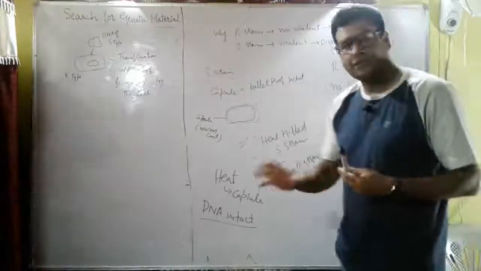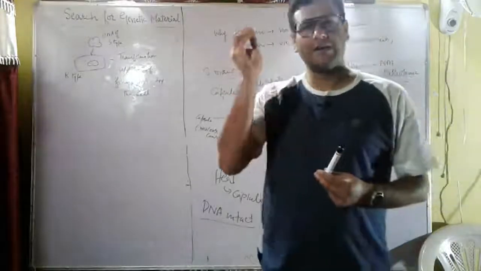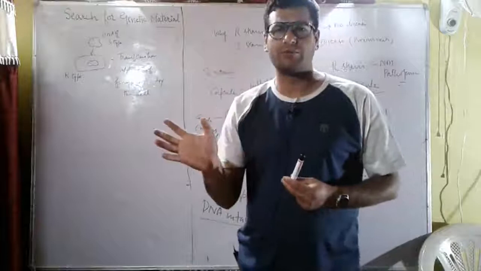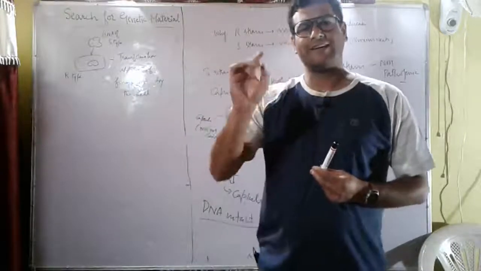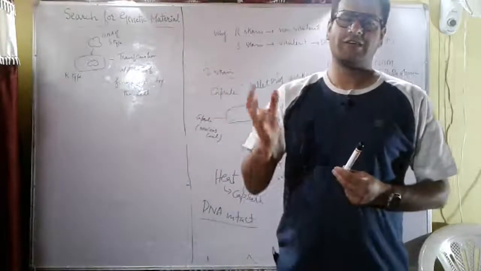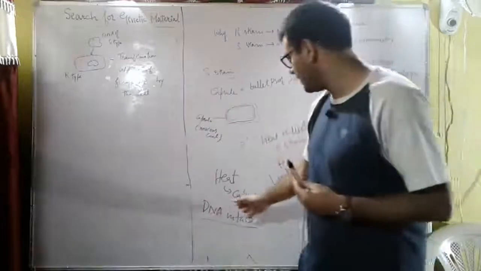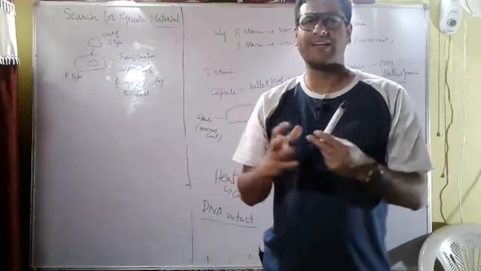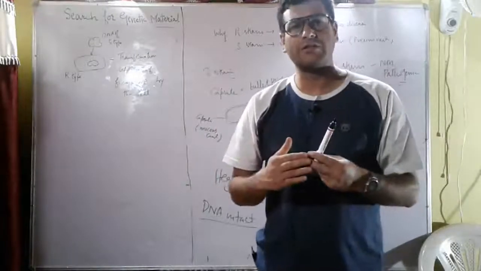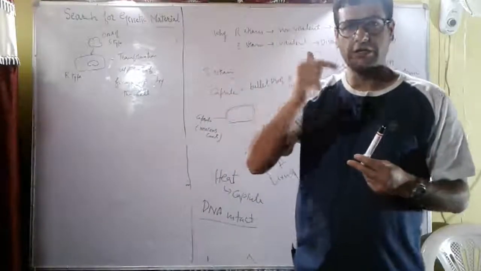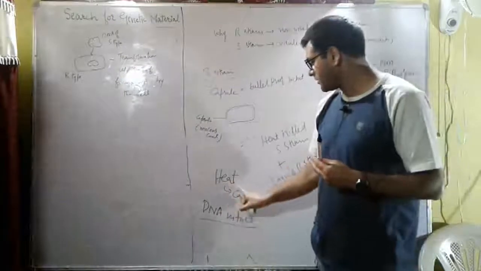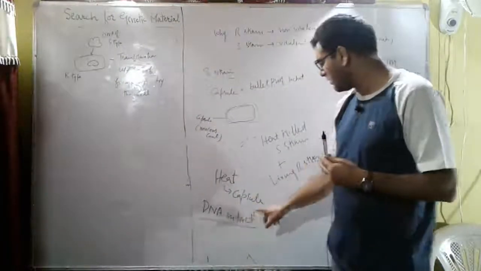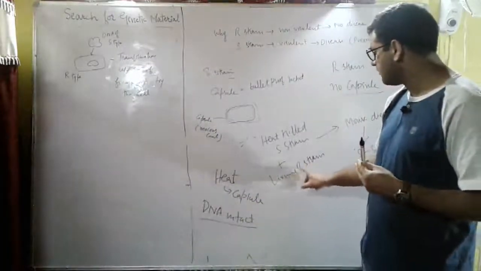What I mean to say is that heat has destroyed the capsule, but the DNA is still intact. There is no effect of heat on the DNA. And when we mixed this heat killed S strain of bacterium with the living R strain, the DNA of the heat killed S strain got introduced into the living R strain.